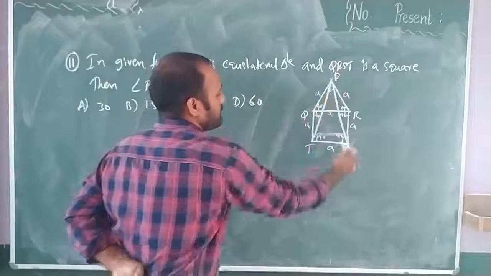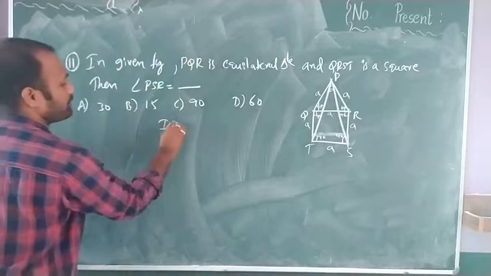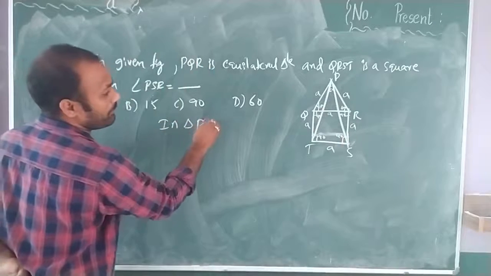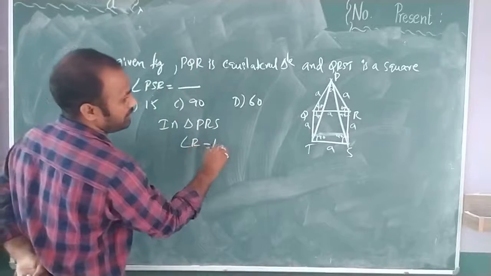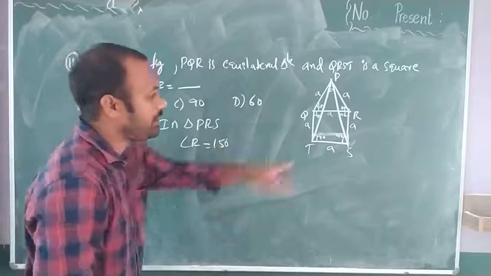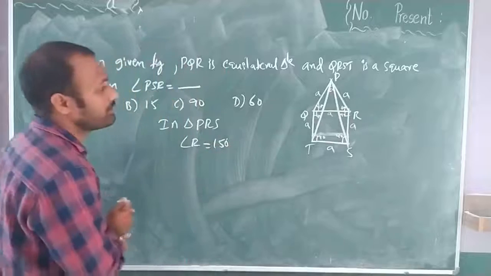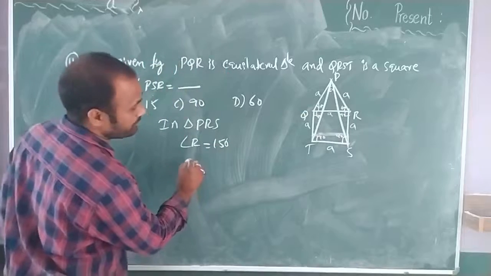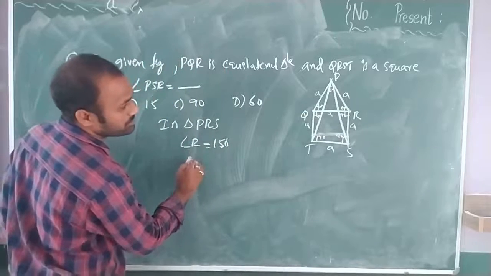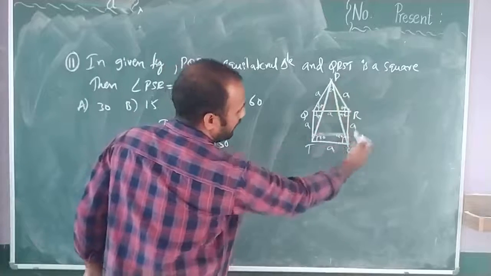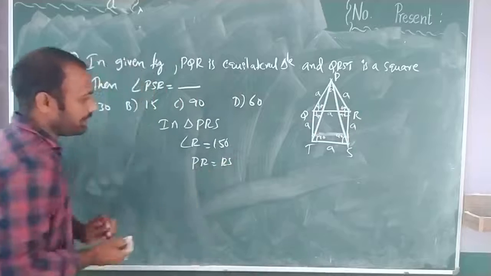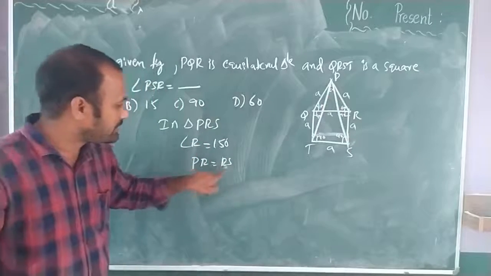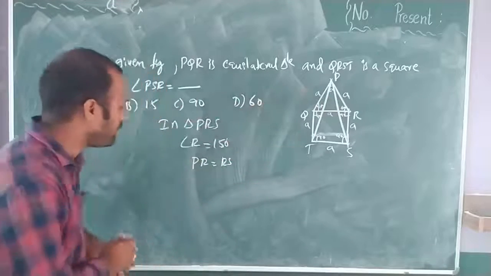Now, if you observe this triangle, in triangle PRS, angle R is given as 150. Why? Because 90 plus 60, which is 150 degrees. And moreover, in triangle PRS, PR is equal to RS. In a triangle, if two sides are equal, automatically two angles are equal.